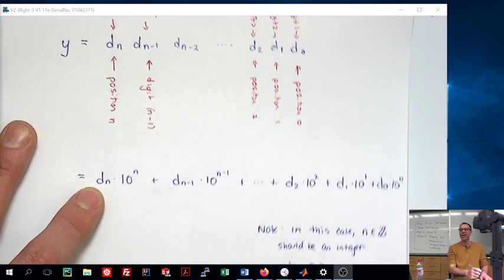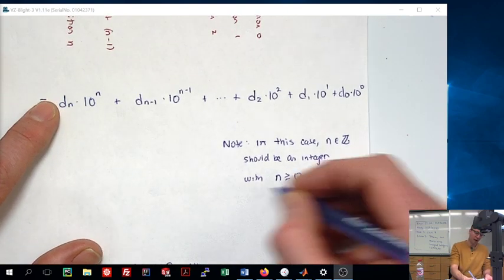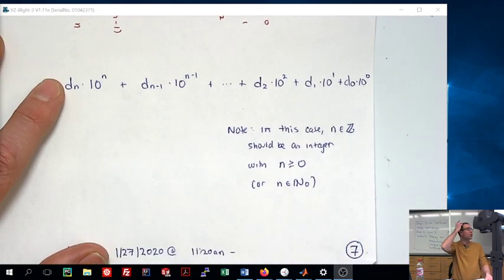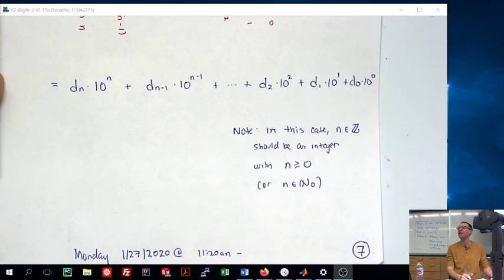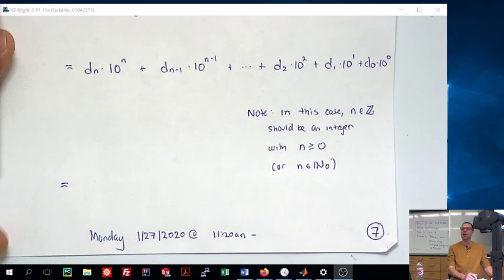What's the smallest n could be to have an existing unsigned integer? 0. Another way to say this is that n is an element of the non-negative natural numbers, right? Another way to say that is, if you are going to have an integer in a decimal representation, for sure you should have at least one digit, right? Okay, how do we write that as a sum?